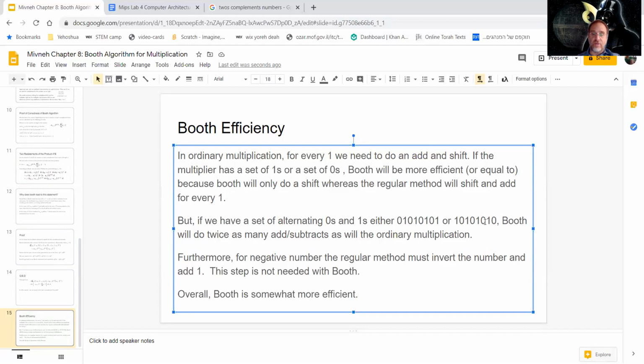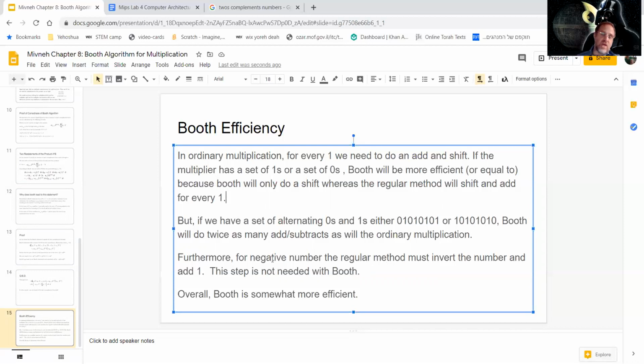It'll see a 0 shift, 1 add, shift, add, shift. Whereas Booth will do, this is like the worst case scenario for Booth, because you're gonna have to do a subtract and then an add and then a subtract and an add. It's going to keep doing adding and subtracting and never just shifting. So in this worst case scenario, clearly the multiplication will be better than Booth.